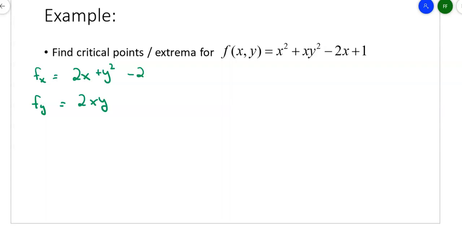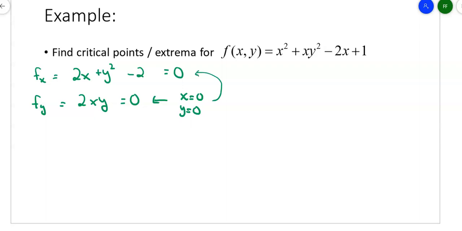Now, if I take the partials and set them equal to 0, let's take a look at that partial derivative with respect to y first. Over here, x equals 0 will make that sentence true. So will y equals 0. So let's take each of those and throw them back into this partial derivative up on the top.